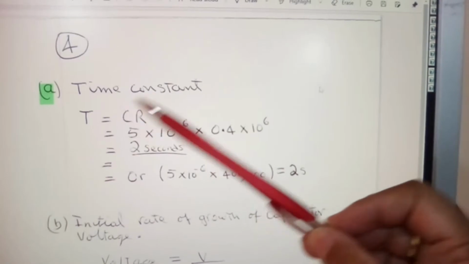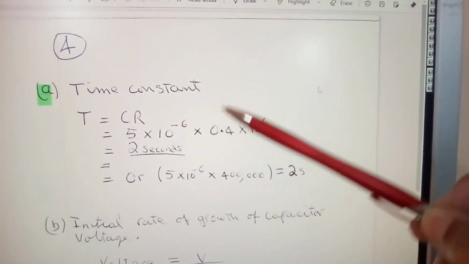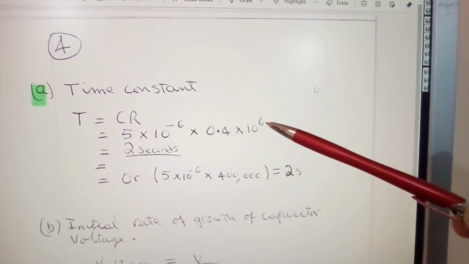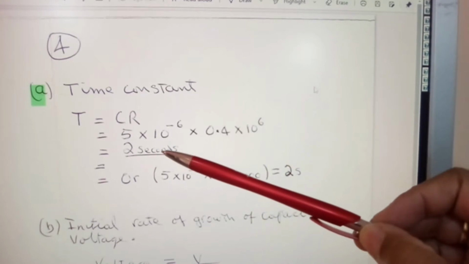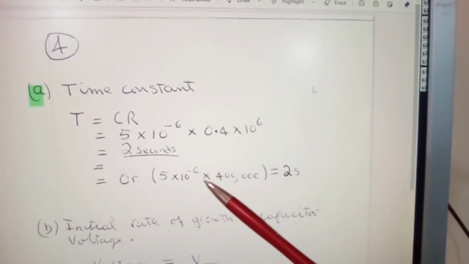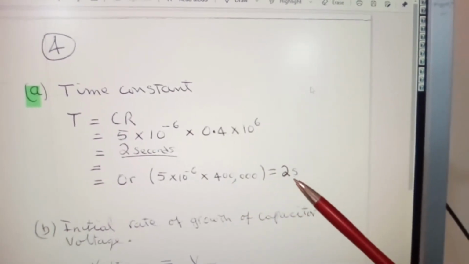Okay, time constant T equals C times R. So 5 times 10 to the minus 6 times 0.4 times 10 to the 6 equals 2 seconds. That is 5 times 10 to the minus 6 times 400,000 equals 2 seconds.